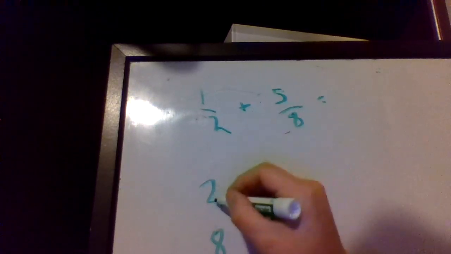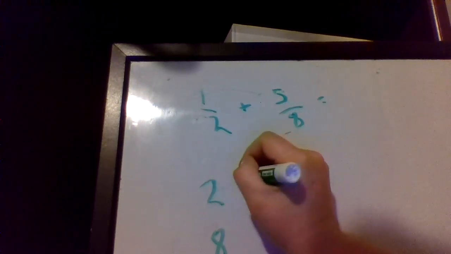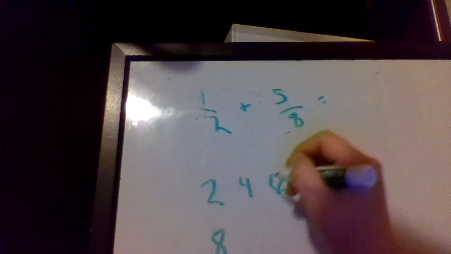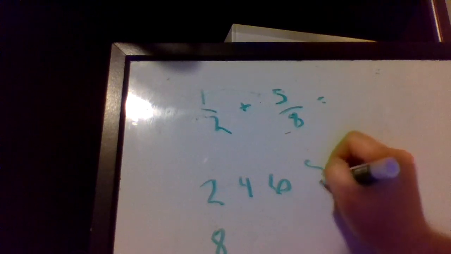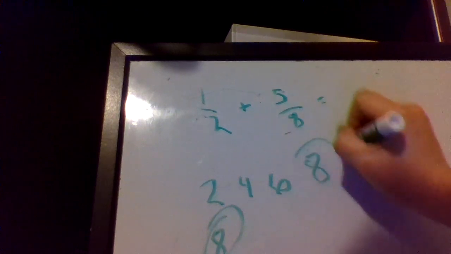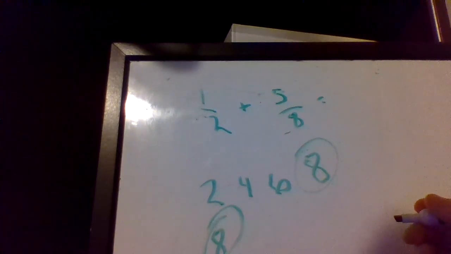So 2 times 1 is 2, 2 times 2 is 4, 2 times 3 is 6, 2 times 4 is 8. Oh my gosh, look, I have an 8 in the bottom and an 8 in the top. So we found our least common multiple, or our common denominator.